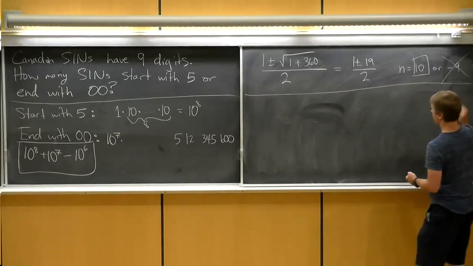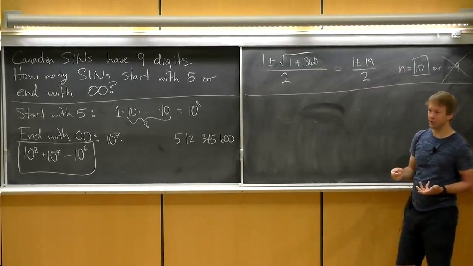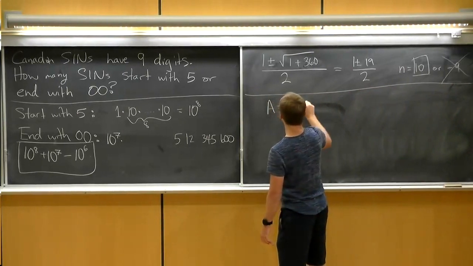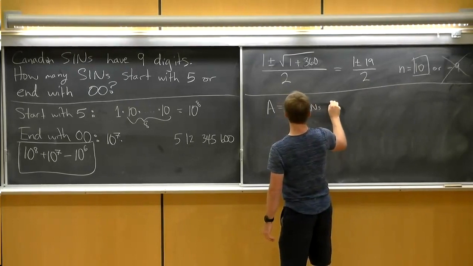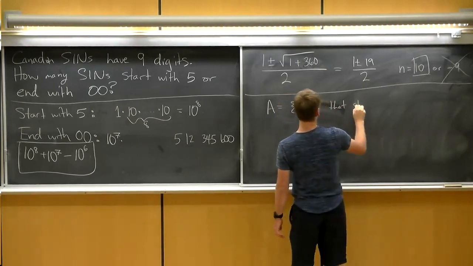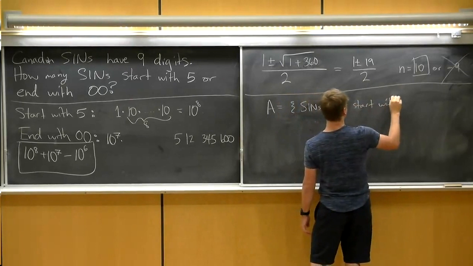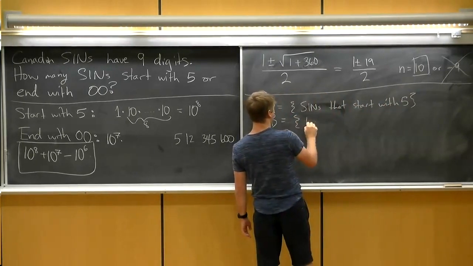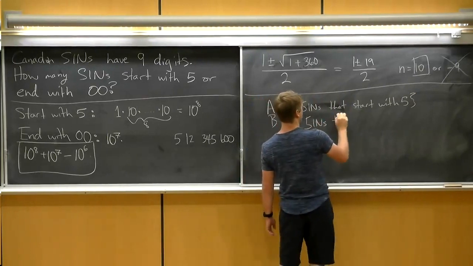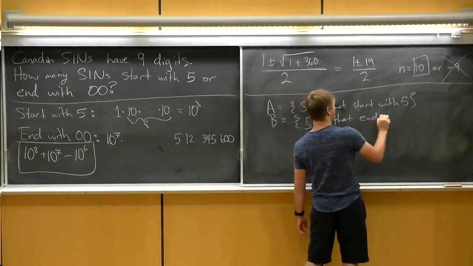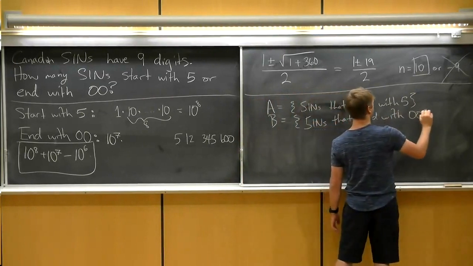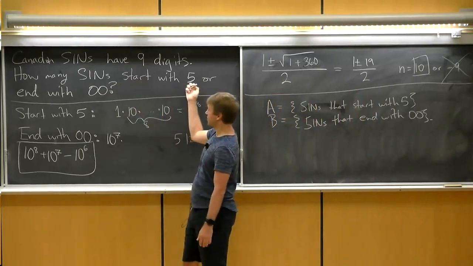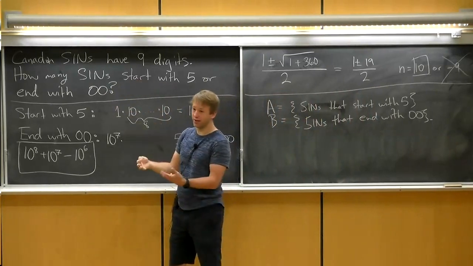So what we actually used there is the principle of inclusion-exclusion, right? Because if I say A is the set of social insurance numbers that start with 5, and B is the set of those that end with 0, 0, the question asked for start with 5 or end with 0, 0, which is the union.